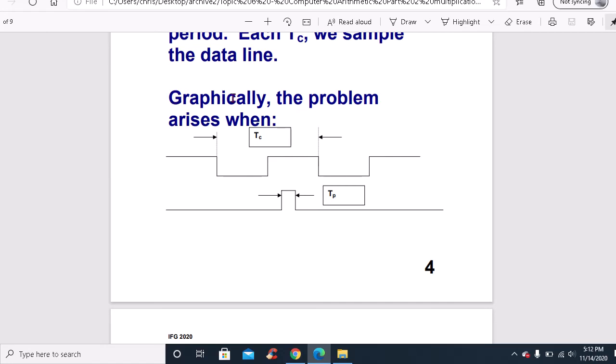So graphically, what's called the synchronization problem arises when machine A, so this signal here is being sent by machine A, sends me a very narrow pulse whose length is TP. It's the pulse length of this signal. So it's very narrow. It doesn't last for very long either.